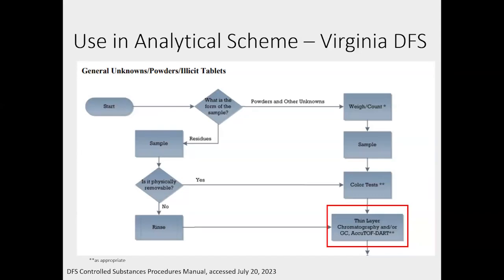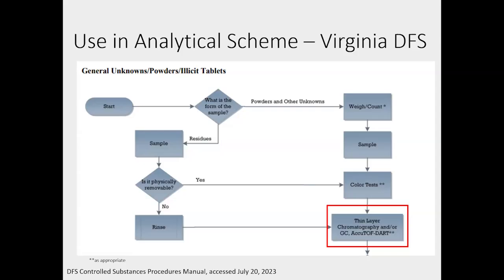And where this actually falls in our analytical scheme, typically this will fall after a color test if that was appropriate for the particular case. So most of our analysts will use DART instead of where we previously were using thin layer chromatography. But again, this is still up to analyst discretion, and it's going to be up to whatever type of case it feels most appropriate.